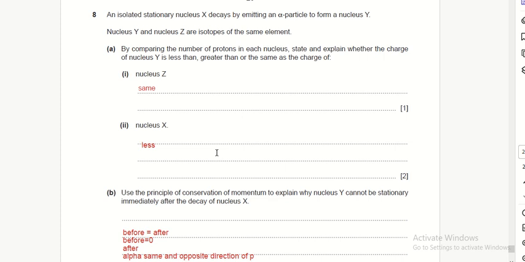They will be the same because both of them are isotopes, and isotopes have the same atomic number, the same chemical element or chemical properties.